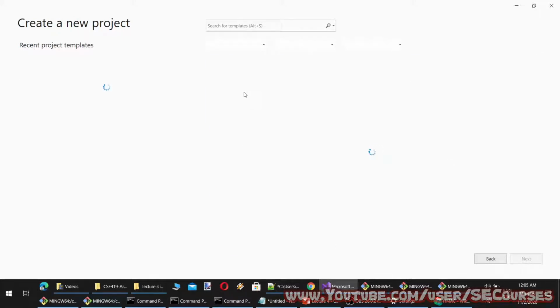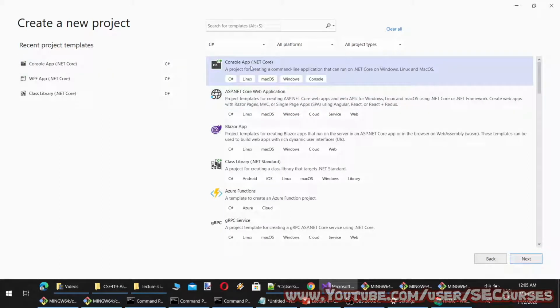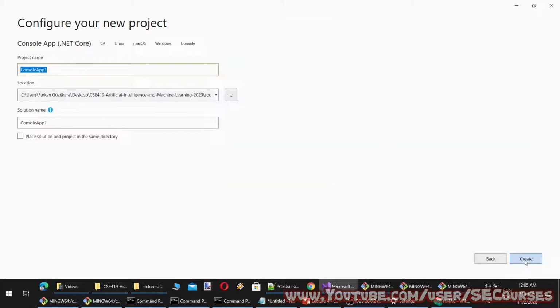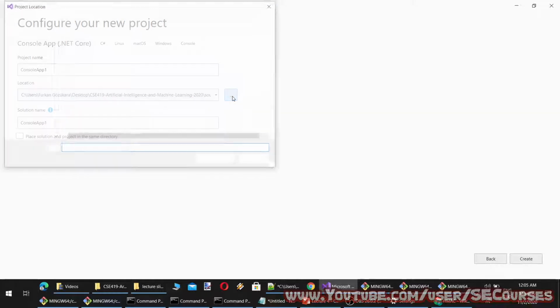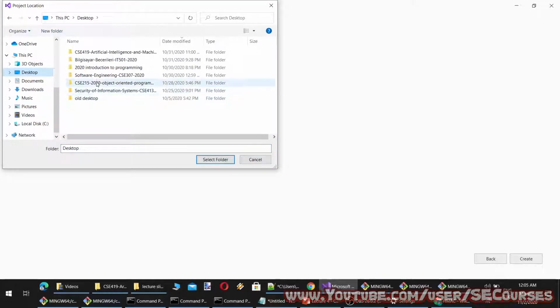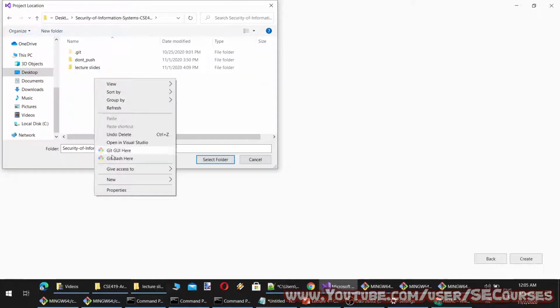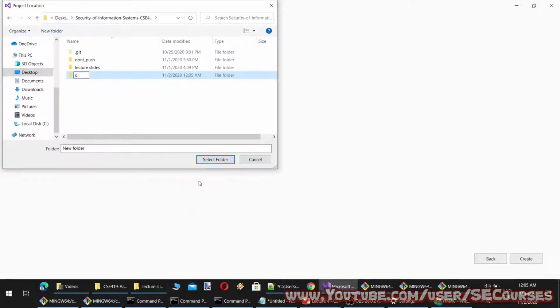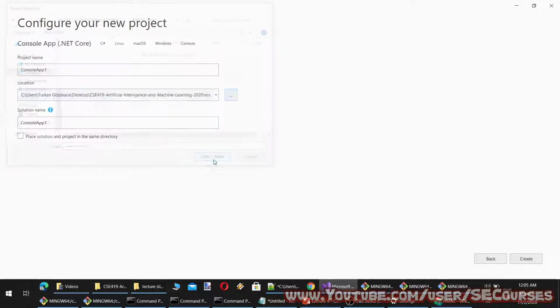So I'm composing a C# project with a .NET Core console. Let's select our folder and say, I'm going to name it as this.